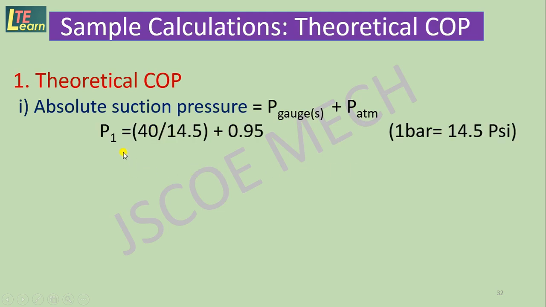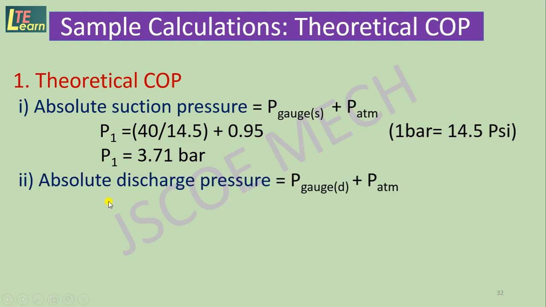This is the compressor suction pressure, that is P1. The reading is in PSI, which we have to convert into bar. So this is the relation for the conversion, and this is the atmospheric pressure. So we get the suction pressure P1 in bar, that is the absolute suction pressure.